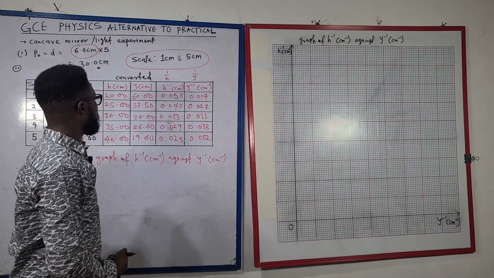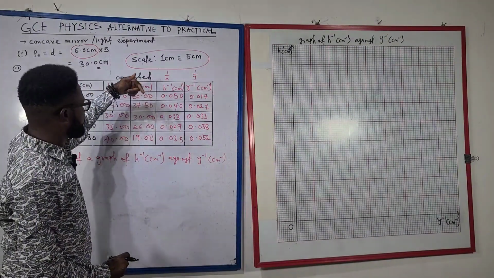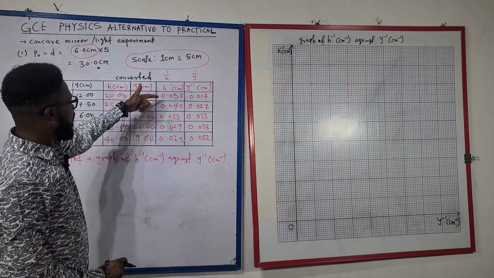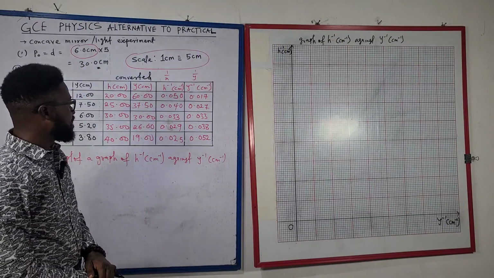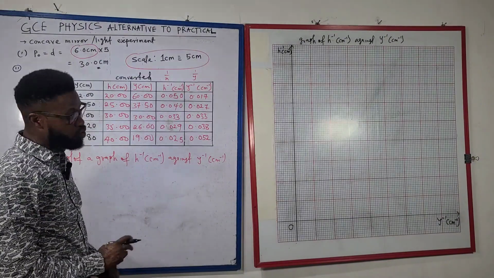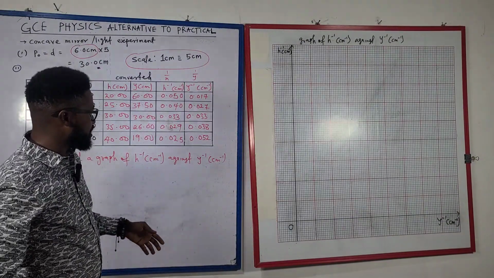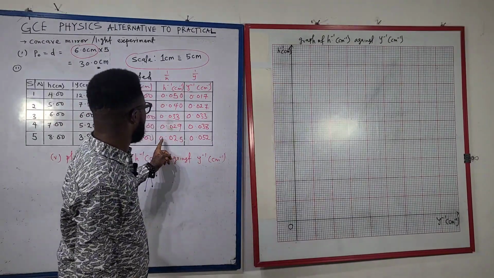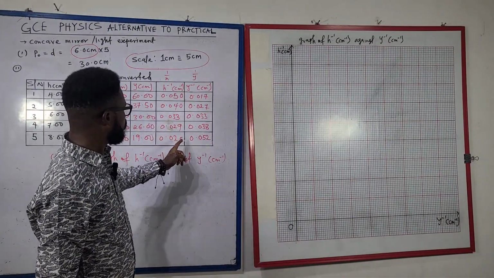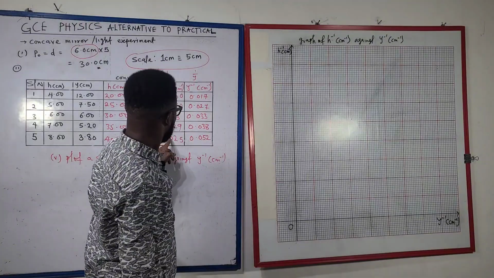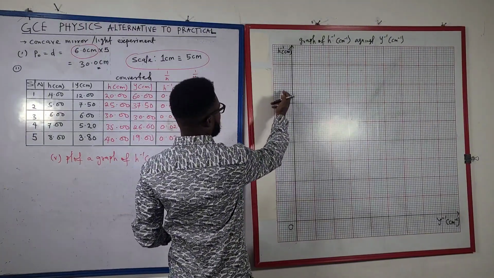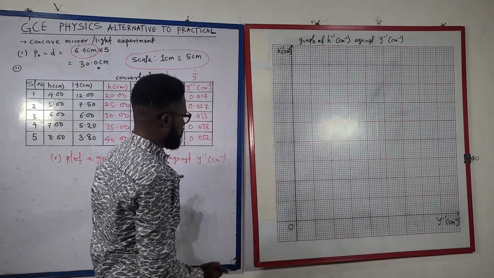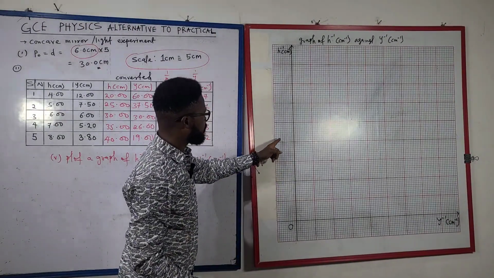So the first thing is for my h, the highest value is 0.05 and the lowest is 0.025. So I am thinking 1, 2, 3, 4, 5.